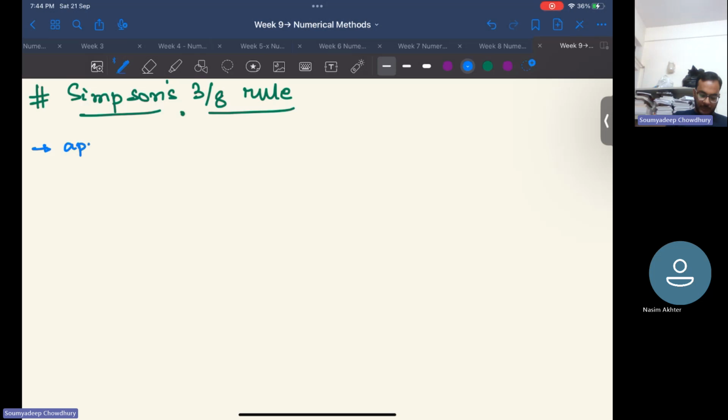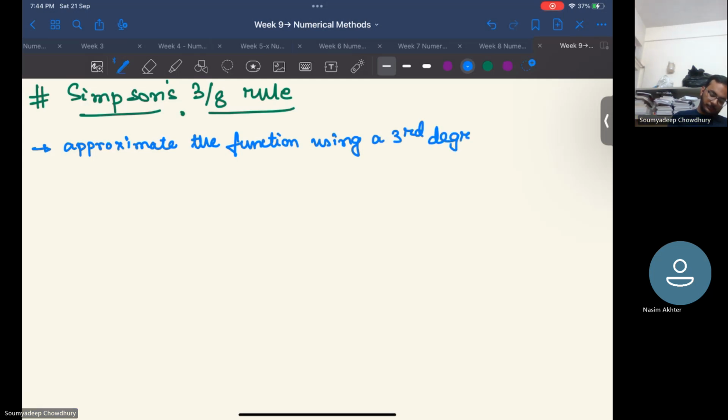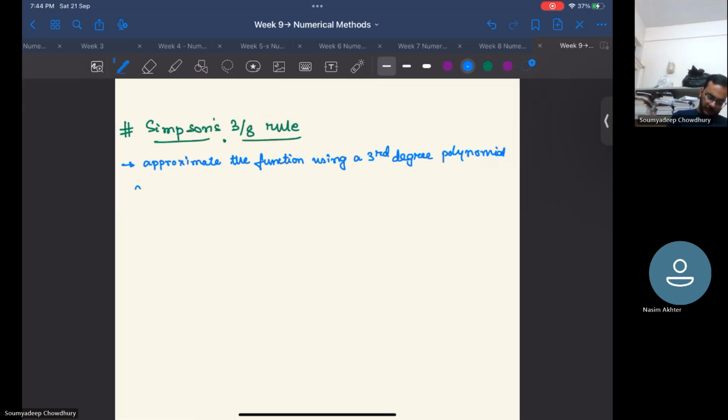So here we approximate the function using a third degree polynomial, that is a cubic polynomial basically.